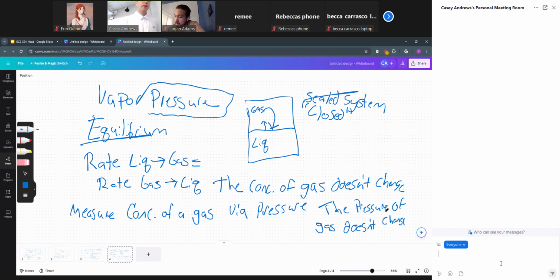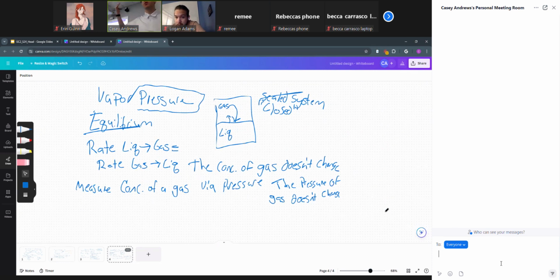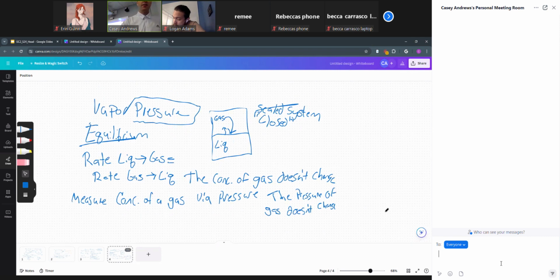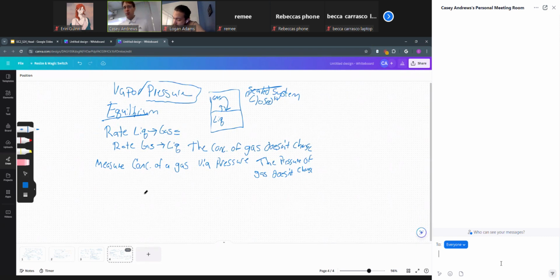All right. And let's tie this back to intermolecular forces, because that's our big thing here. If you have high intermolecular forces, based on what we said today, do you want to be a gas or would you rather be a liquid?